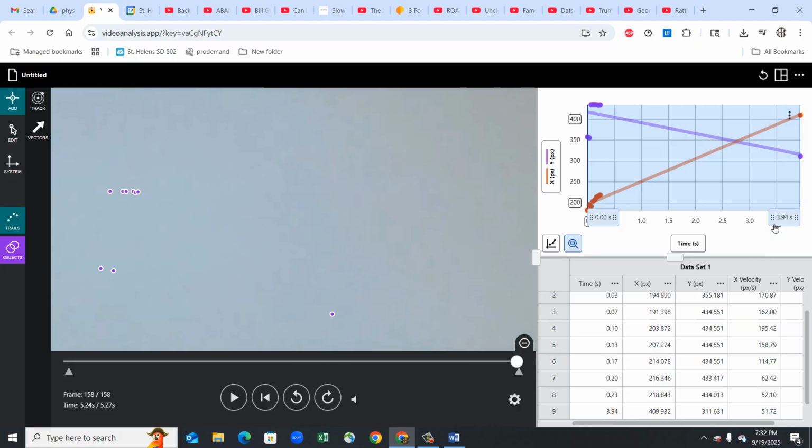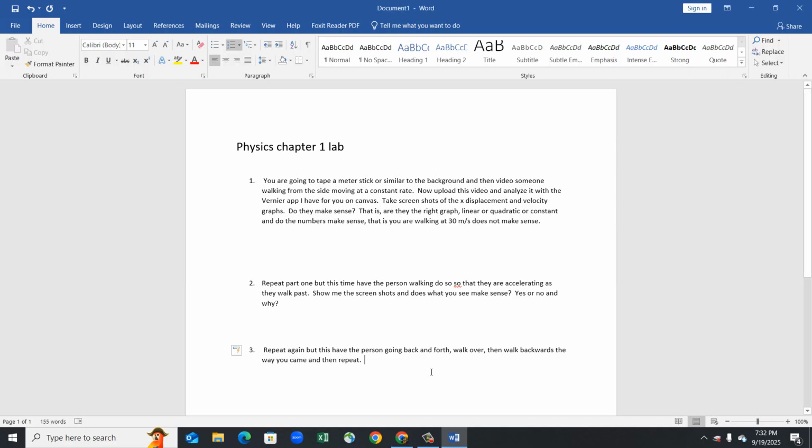Now, a couple things to think about. This is the part that I want you to think about as you're writing it up, okay? Clearly, these are sine curves. However, I want you to think about this.